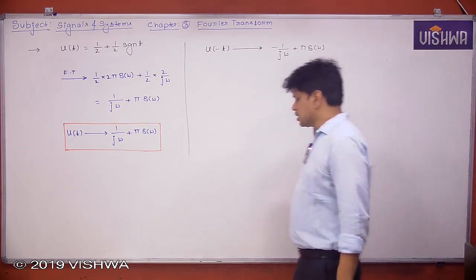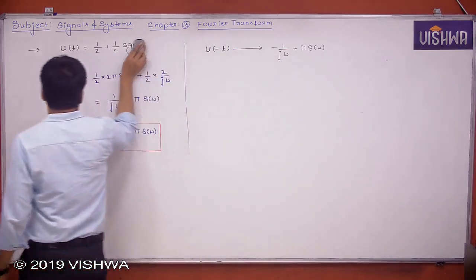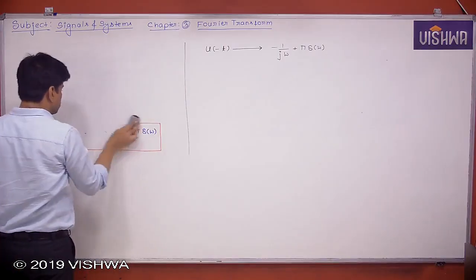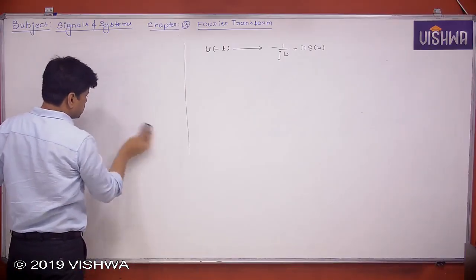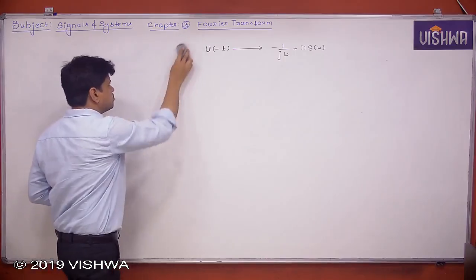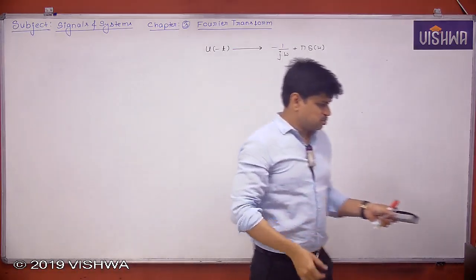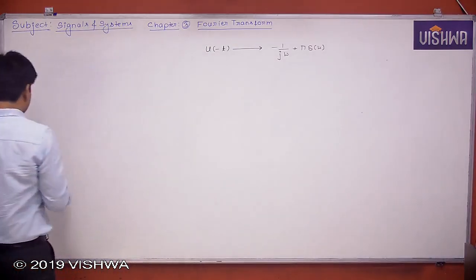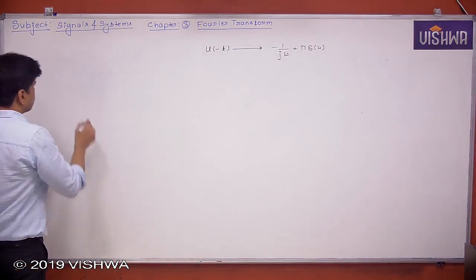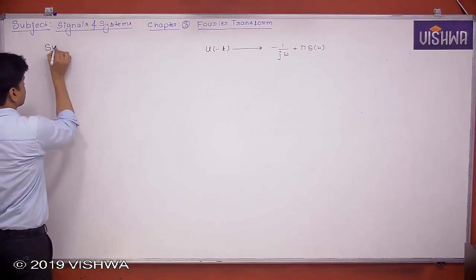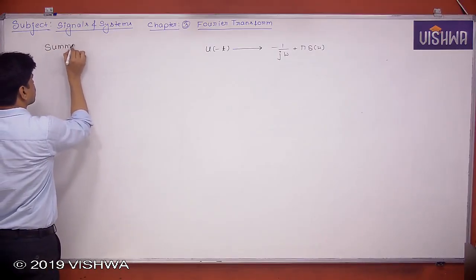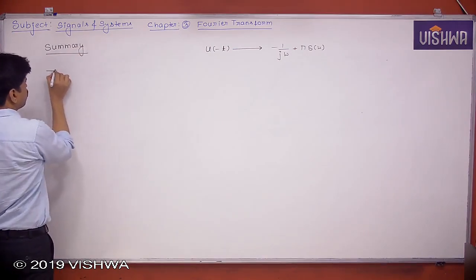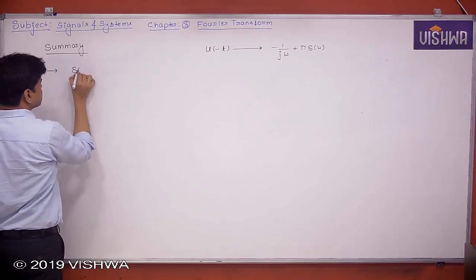So let me give you a summary of what we have done till now and what we have to remember. The important results you have to remember. The first and foremost thing, suppose delta t is there.